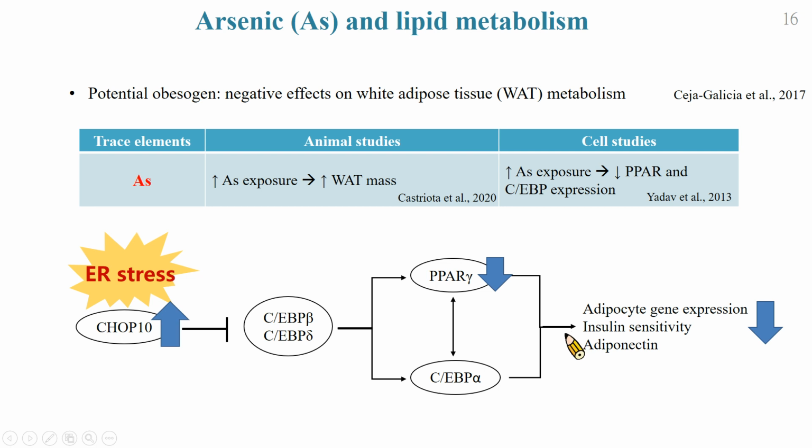We know that arsenic exposure can also increase ER stress, and in this case, it may alter the PPAR gamma and CEBP alpha pathway. So in this case, the adipogenesis pathway may be disrupted, depending on the concentration of arsenic exposure.